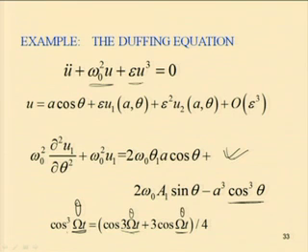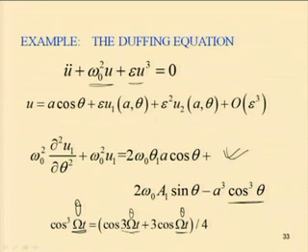So, substituting this, cos cube theta equals cos 3 theta plus 3 cos theta by 4. So, one can write this equation, that is omega 0 square del square u 1 by del theta square plus omega 0 square u 1 equal to 2 into omega 0 into theta 1 a cos theta plus 2 omega 0 a 1 sin theta minus a cube by 4 into cos 3 theta plus 3 cos theta.